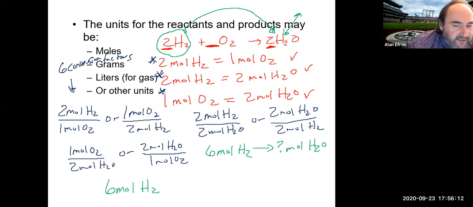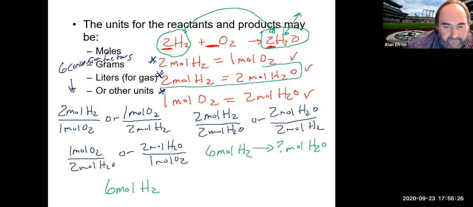and what we want to eventually find out is how many moles of H2O. So what you want to do is go to the equation, and you have your H2 and you have your H2O. And from that relationship, we get this equality, that for every 2 moles of H2, I get 2 moles of H2O. And from that equality, we were able to write 2 conversion factors, which are these 2 right here.